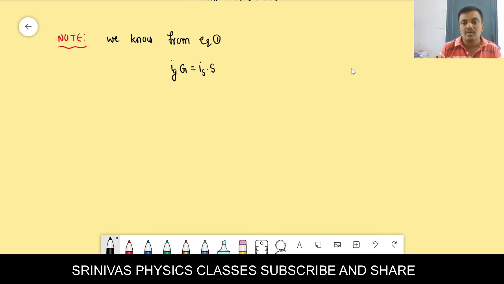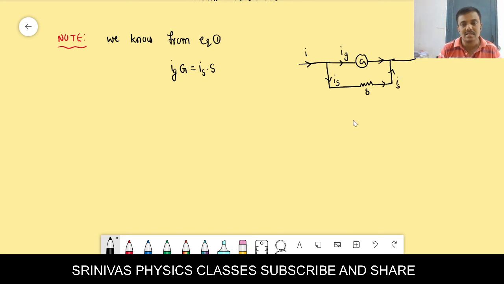This is the galvanometer. The maximum it can measure is Ig, the current for full scale deflection, and if you connect the shunt resistance in parallel to it, this is called an ammeter. Now it can measure a larger maximum current. We send the current I, in which Ig passes through the galvanometer and Is passes through the shunt resistance.